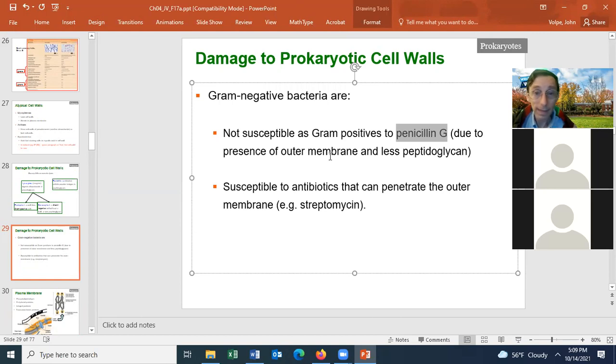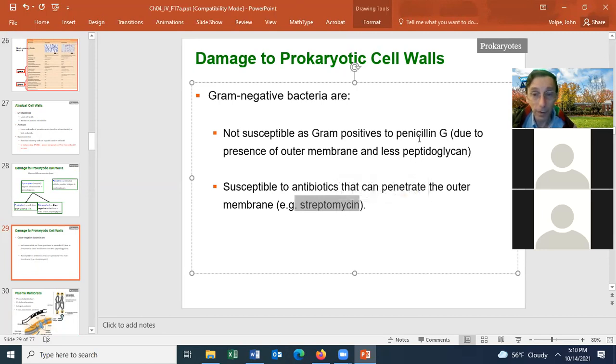Now, when I say that gram-positives are more susceptible than gram-negatives to penicillin G and a few other antibiotics, that's not to say that the gram-negatives are not susceptible to antibiotics. We can apply other antibiotics like streptomycin, which gets right through the outer membrane of the gram-negative cell.